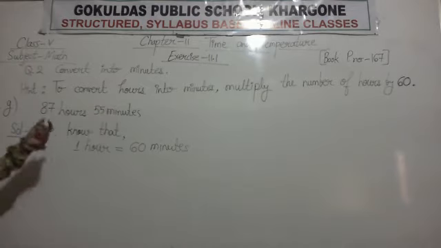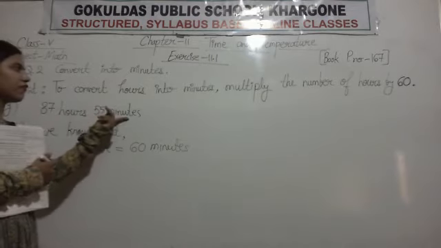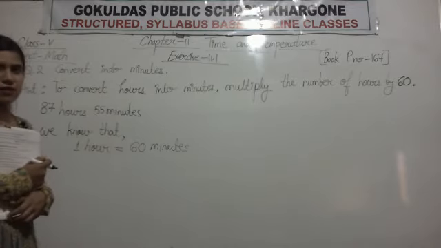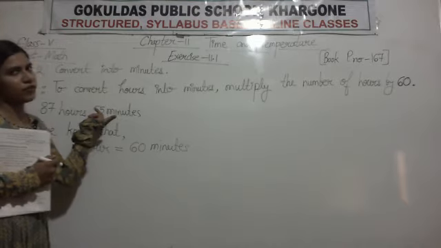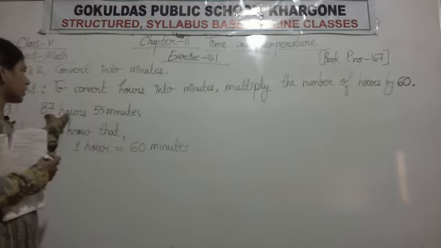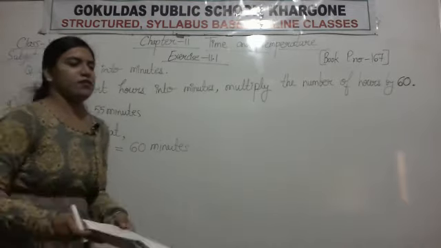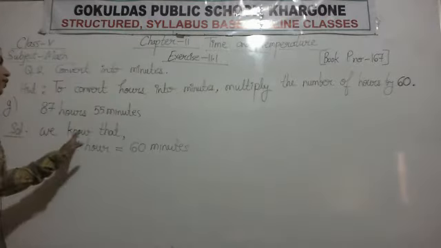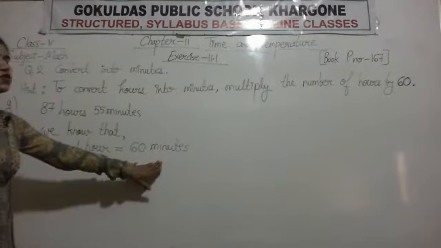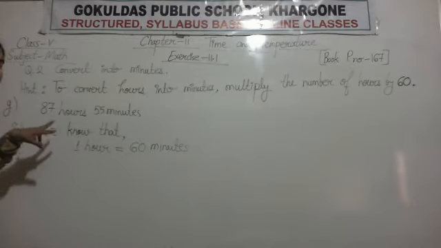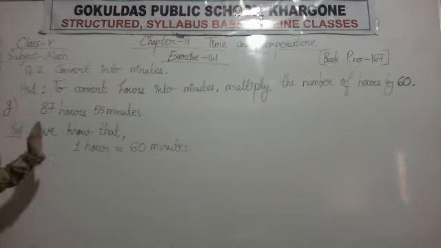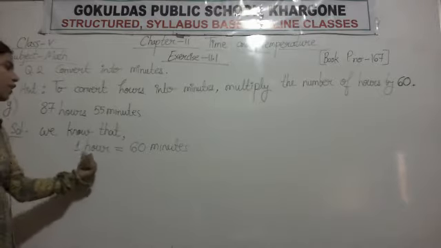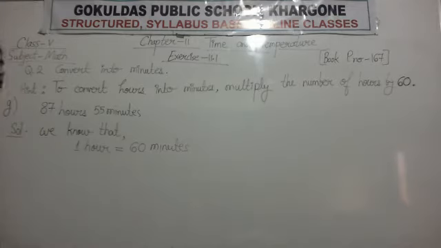Our task is to convert 87 hours 55 minutes into minutes. Here 55 minutes are already in minutes, so no need to convert them. We will just convert 87 hours. We know that 1 hour is equal to 60 minutes. These two lines you need to write in each solution of question number 2.